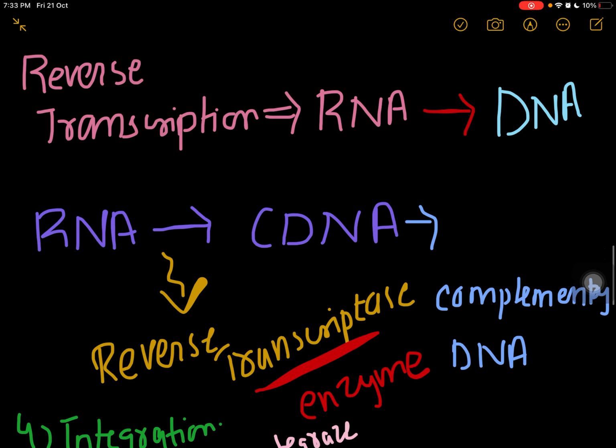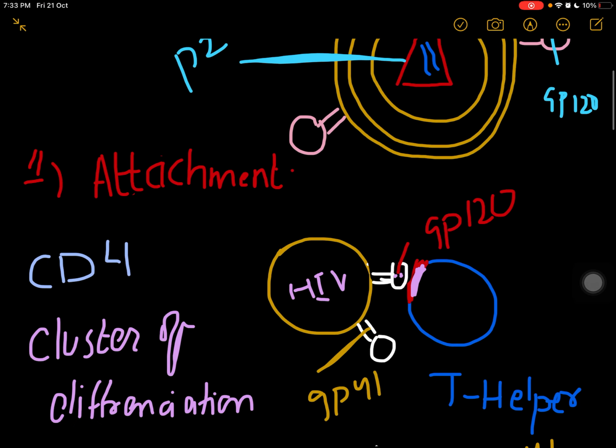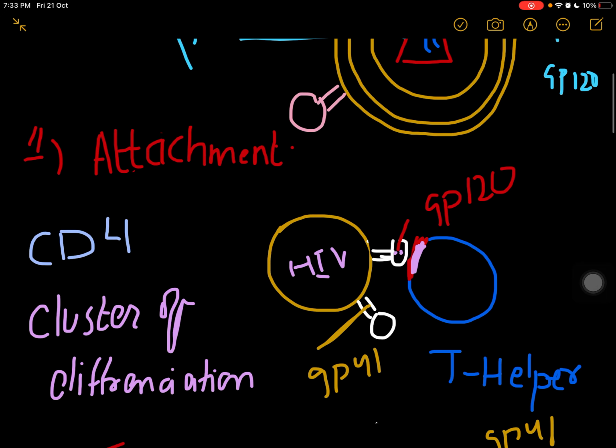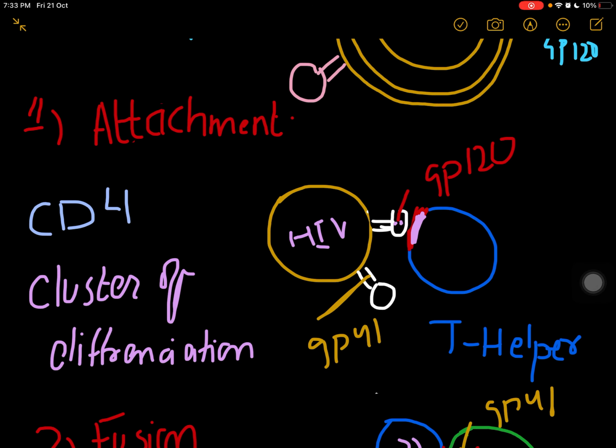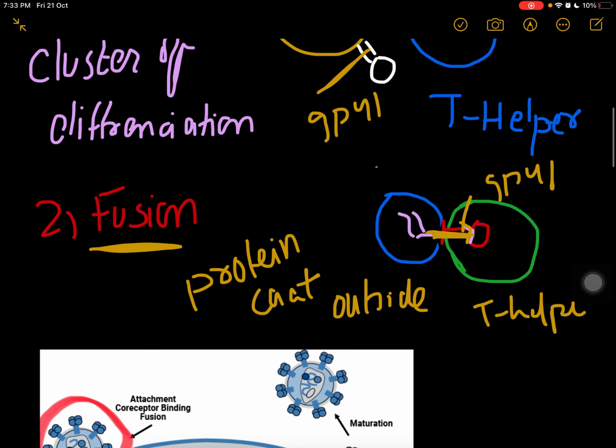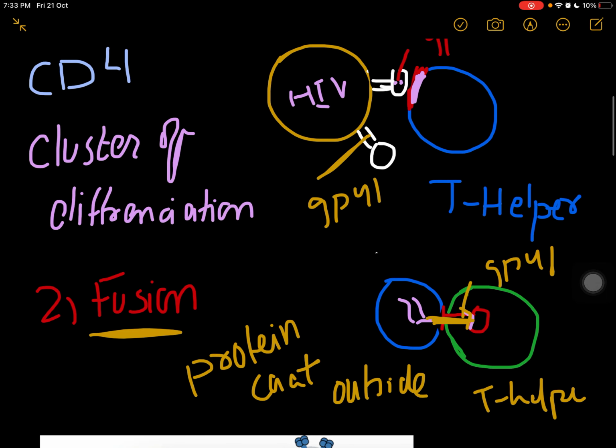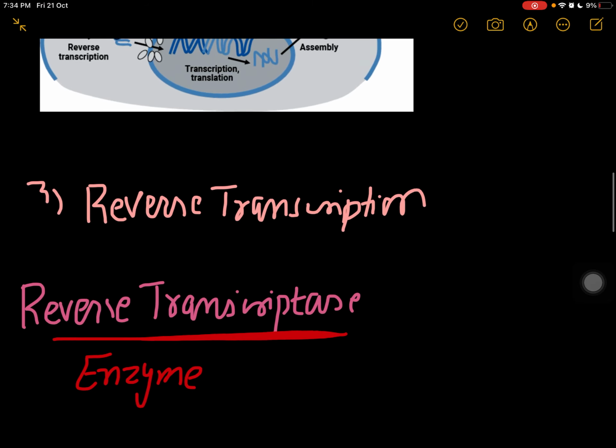Now let's summarize what we have studied till yet. So the first step was attachment. The GP120 will identify the CD4, right, and it will get attached to this. Now in fusion, this GP41 will move inside the host cell, and the RNA will be transferred into the host cell.